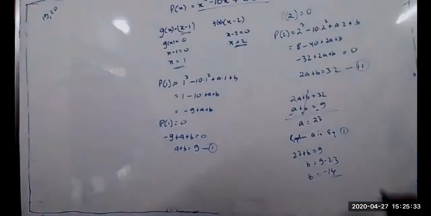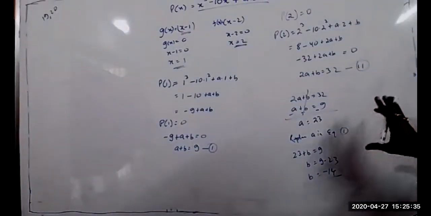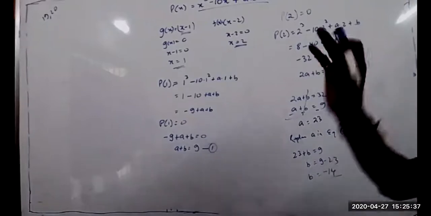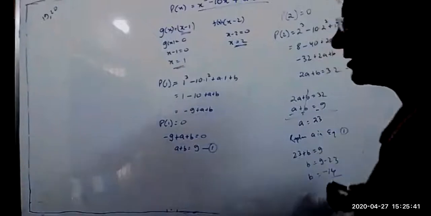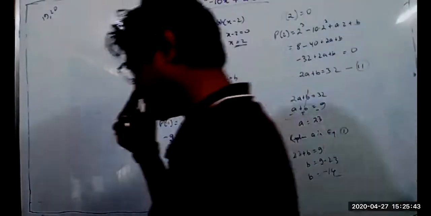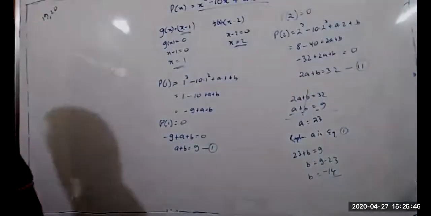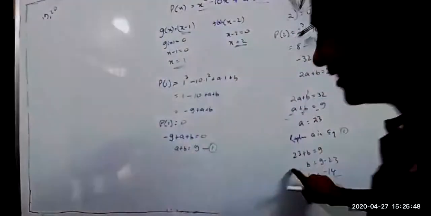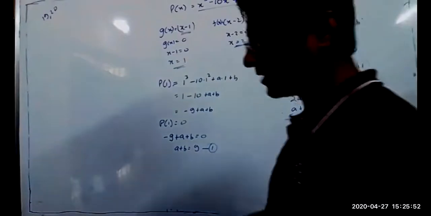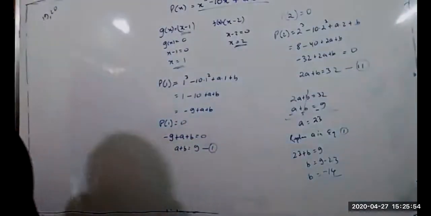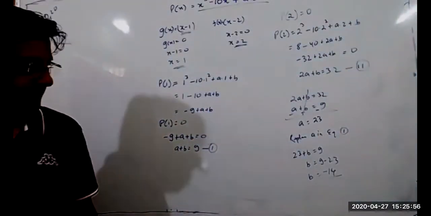What you are doing is the same as what I am doing. You are replacing the b value here and then getting the value of a. But the way we are doing it, you will learn in linear equations in two variables.